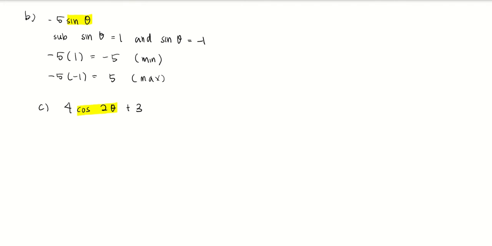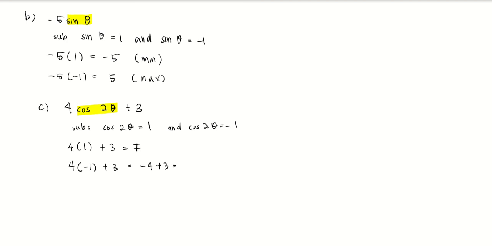Alright, so we substitute cos 2 theta by 1 and another one cos 2 theta equals to negative 1. So we get first, 4 times 1 plus 3, which is 7, and 4 times negative 1 plus 3 equals to minus 4 plus 3, so this is negative 1. Okay, this is 7.